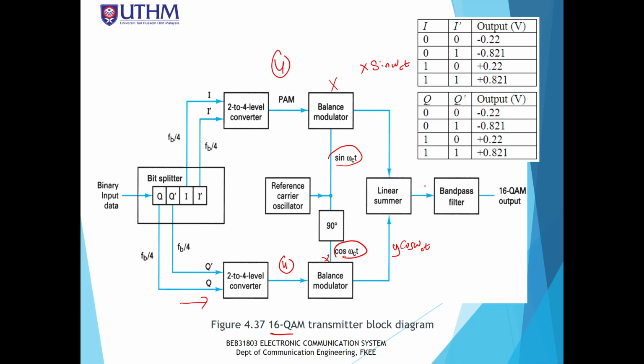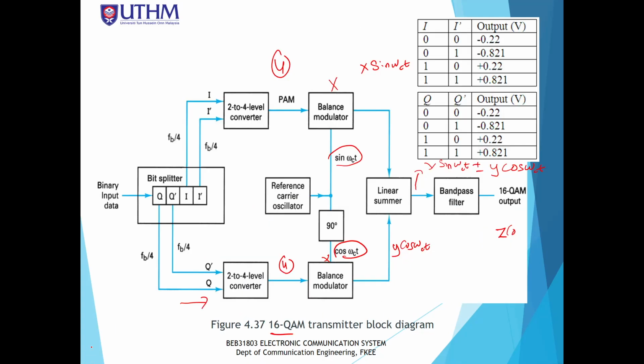And at the output of the linear summer, we're going to have x sine omega ct plus minus y cos omega ct.